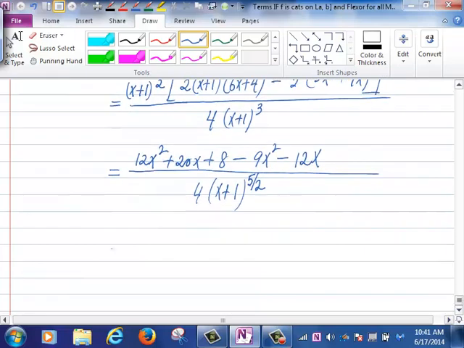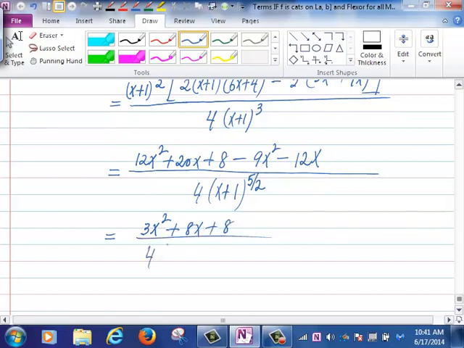Okay, so what is that? 12x squared minus 9x squared is 3x squared. 20x minus 12x is 8x, and plus 8.